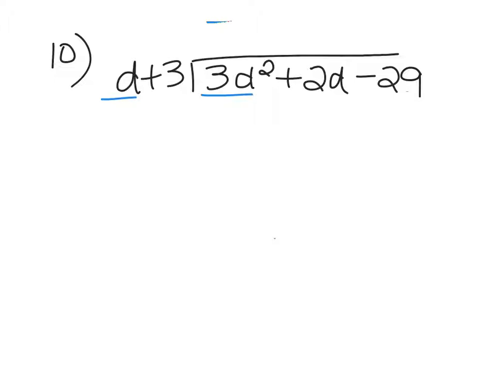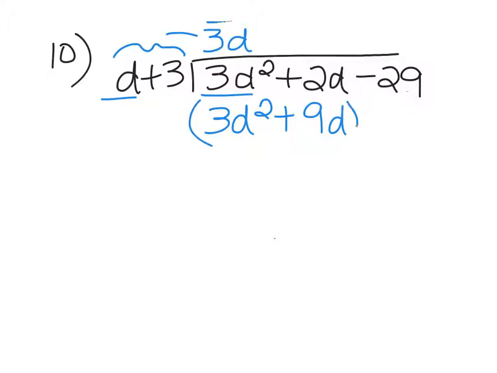So d times what would give me 3d squared? So 3 times d would give me the 3d, and then I need another d to get that squared term. So now I'm going to multiply all of this times 3d. 3d times d is 3d squared, and 3d times 3 is 9d.